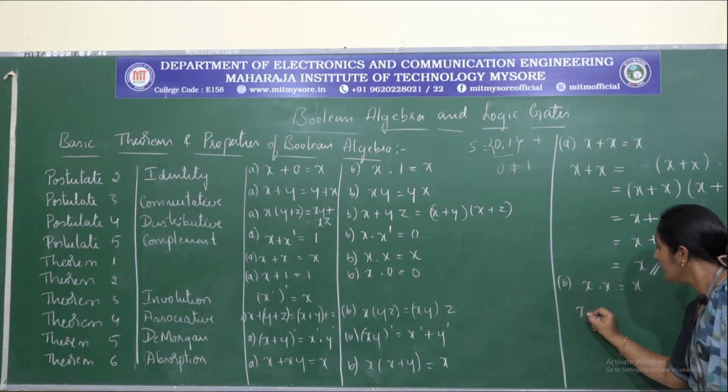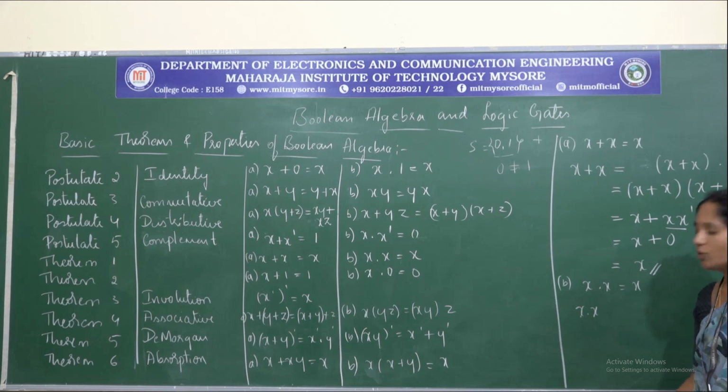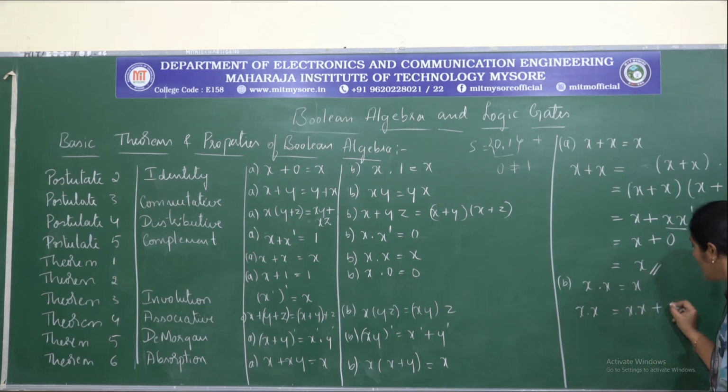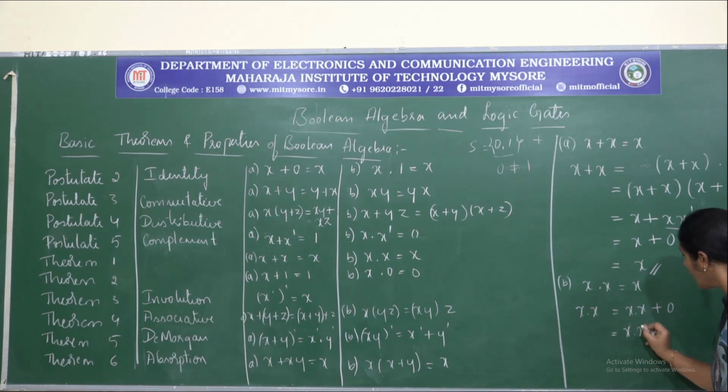Let us consider x into x. Let me consider x into x plus 0, because we know that a variable plus 0 results in the same variable. Therefore x dot x is equal to x dot x plus 0. Now for this 0 I will write x into x dash.